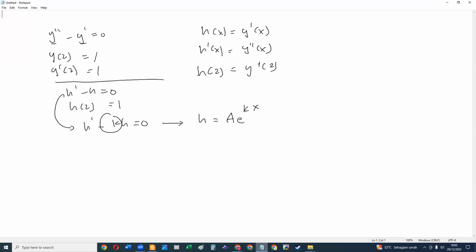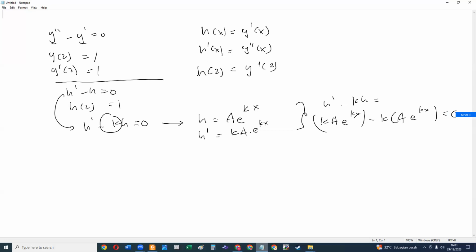Why? Because if we put it here, h dash is going to be ka times e to the power of kx. And if we substitute, h dash minus kh becomes ka e to the power of kx minus ka e to the power of kx, which is simply 0, which is correct.